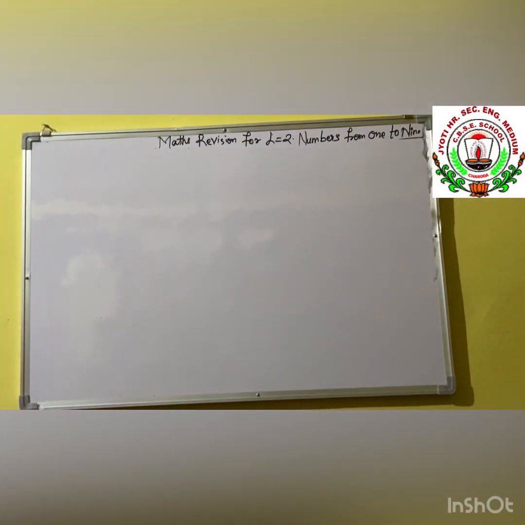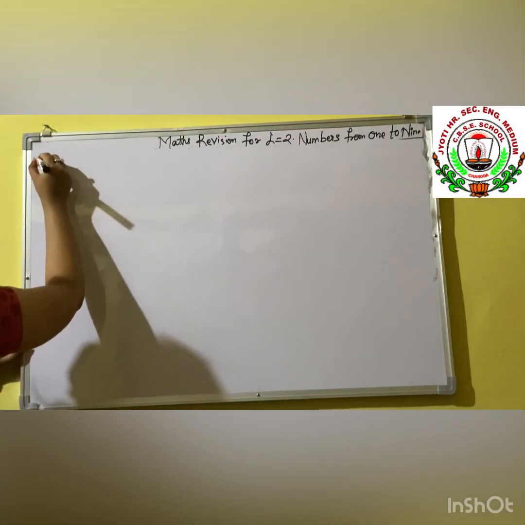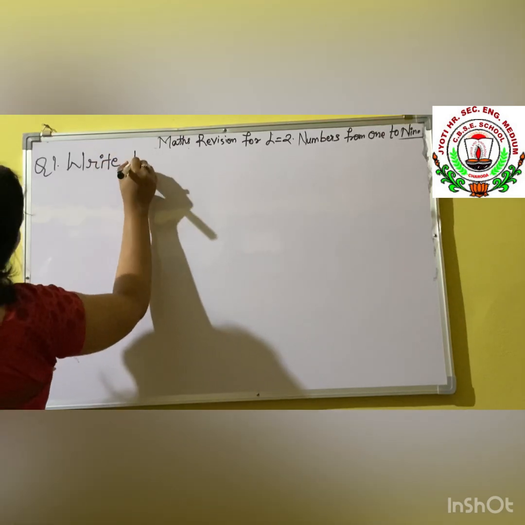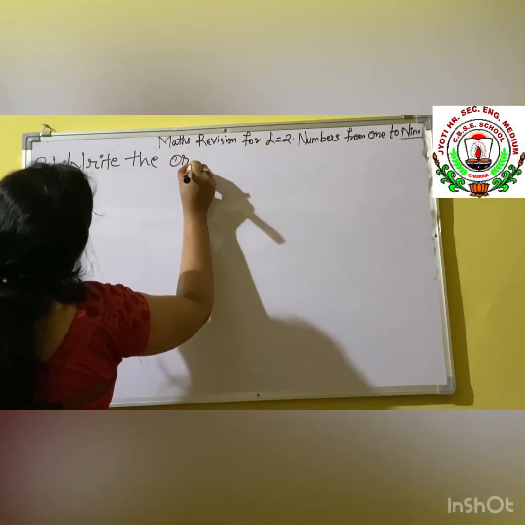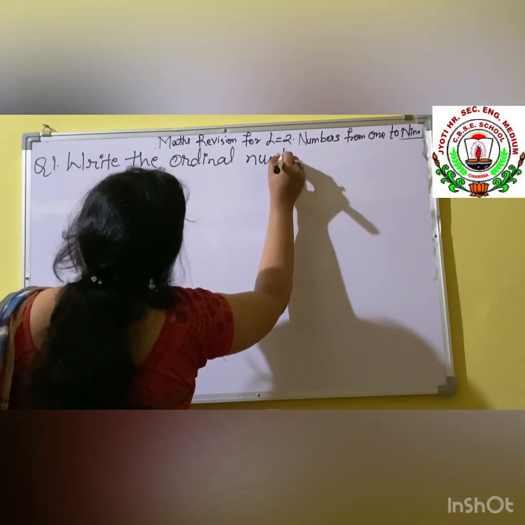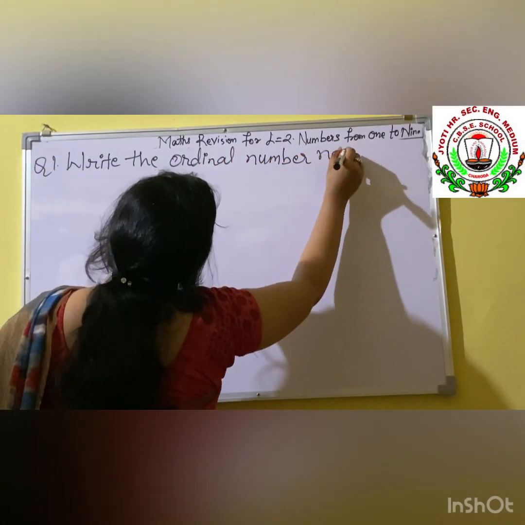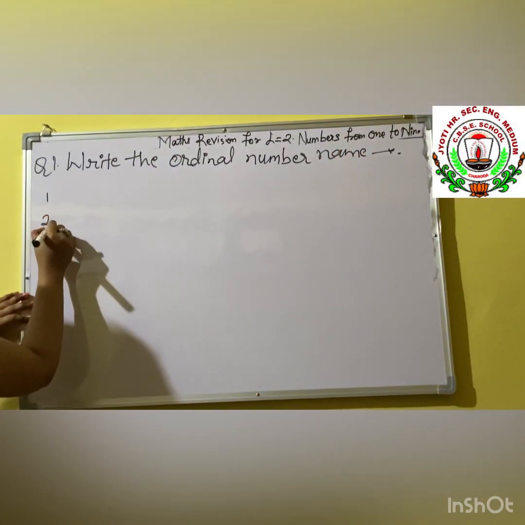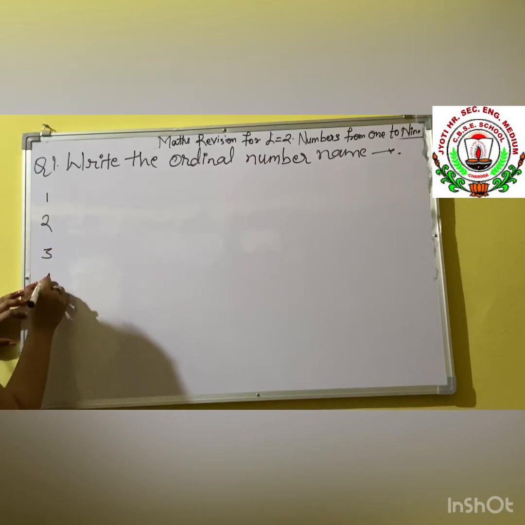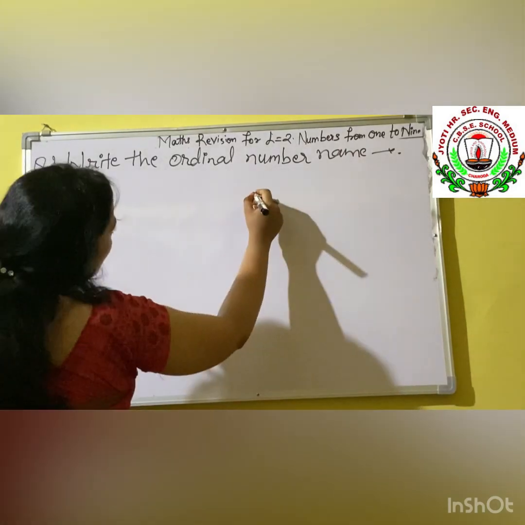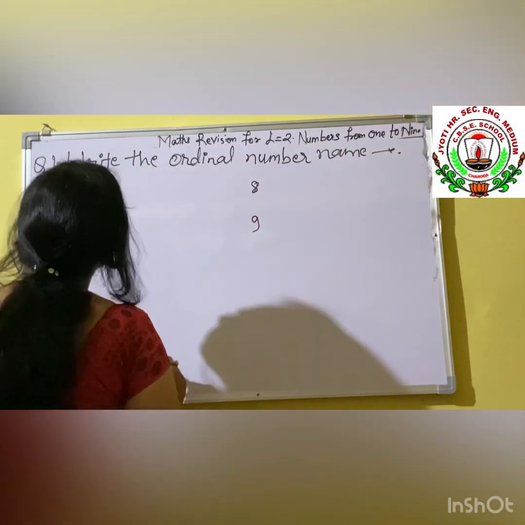Write the ordinal number names. 1, 2, 3, 4, 5, 6, 7, 8, 9.